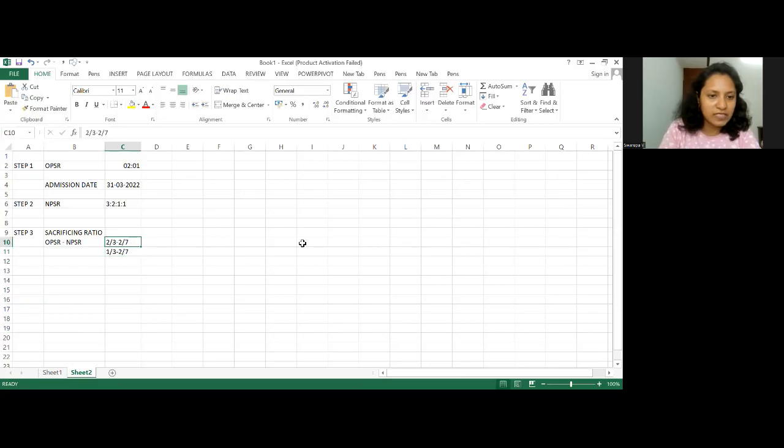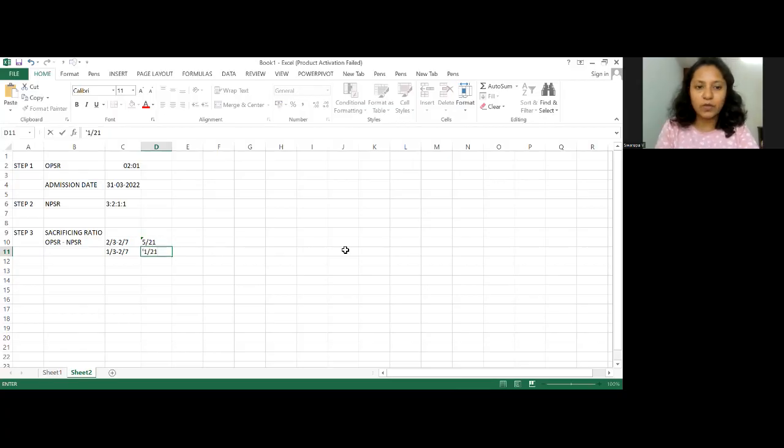Solving this, I guess you will get 5/14. Sorry, 5/21. And this is going to be 1/21. So the sacrificing ratio is 5:1. So this is step 3 that we have finished.